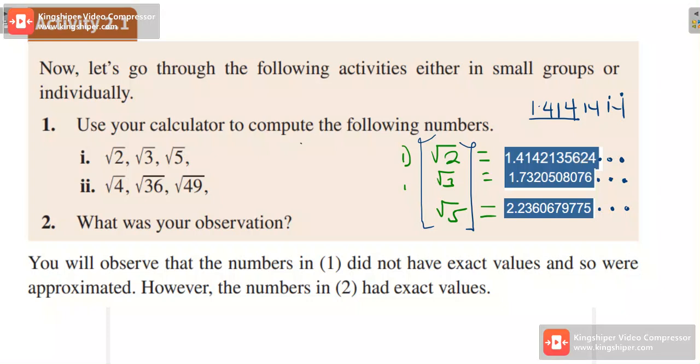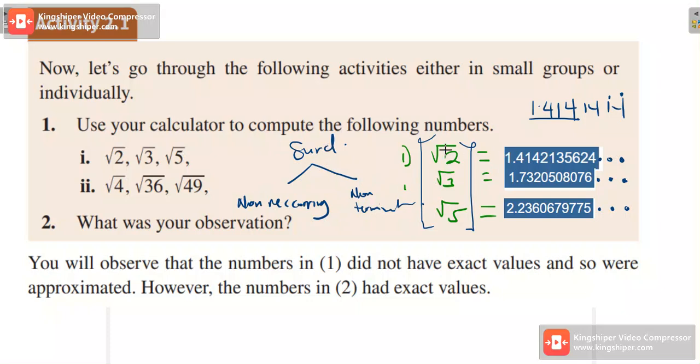So we are saying that a set is, one, non-recurring, and two, non-terminating. Once these two conditions are met, then that decimal is a set.